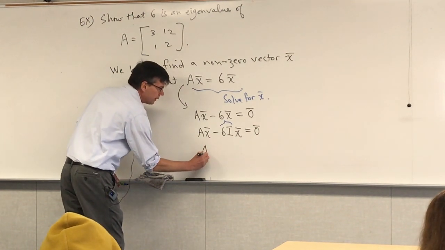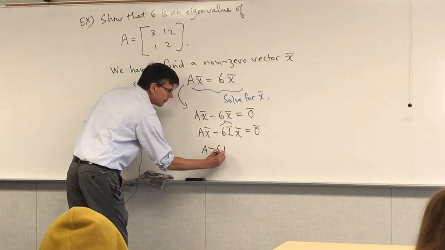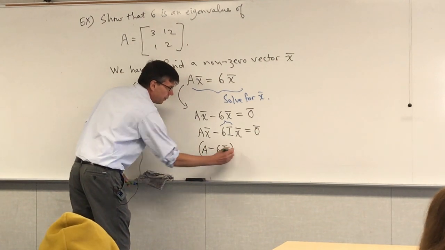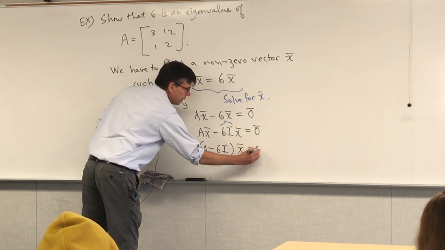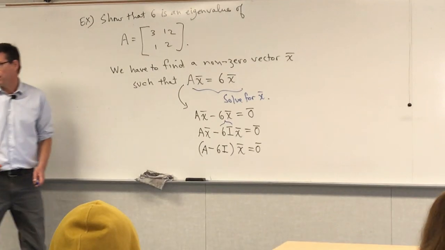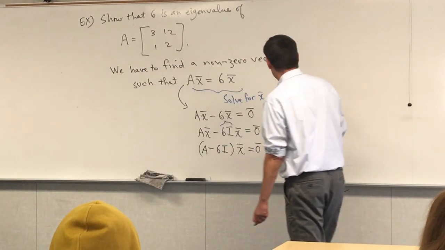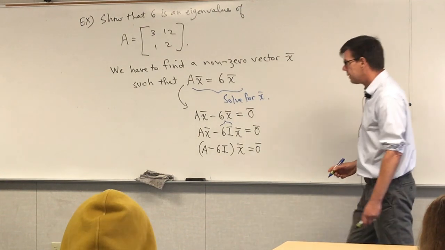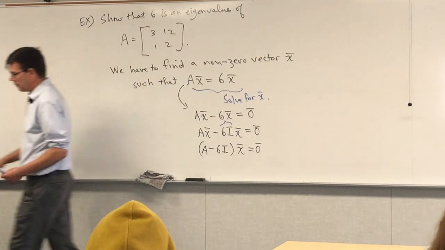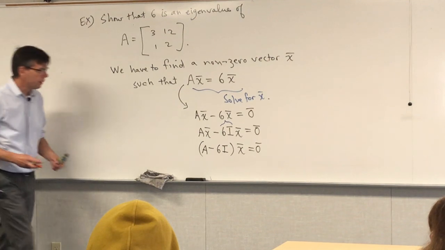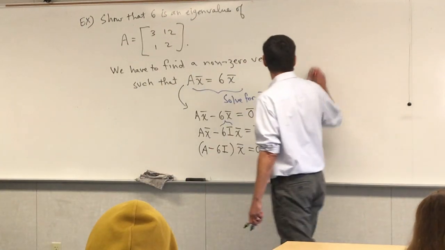Then I can write this as (A minus 6I) times x equals 0. But before we plunge ahead, I want to talk a little bit about that 6x and 6Ix business, just so you understand that notation.